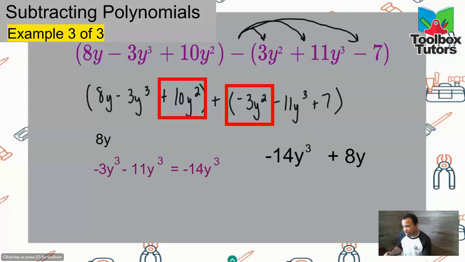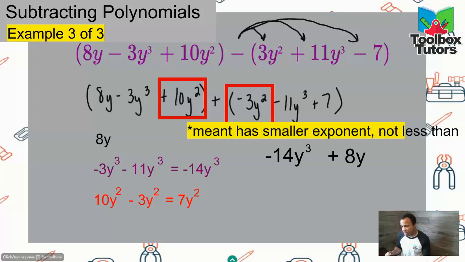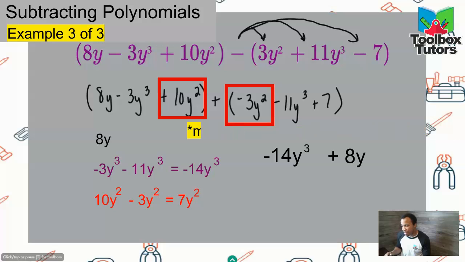And last in the first parentheses, we have 10y to the second power. 10y to the second power has a like term of negative 3y to the second power. And 10 minus 3 gives us 7. So we have 7y to the second power. Now 7y to the second power is less than negative 14y to the third power. So what we're going to do is stick it right behind that, in front of the positive 8y, since it has a larger exponent than the 8y.